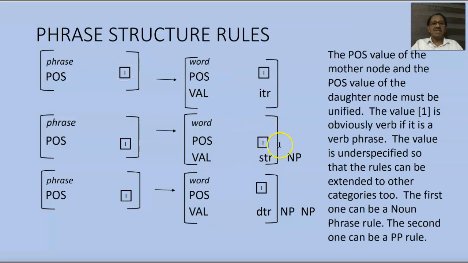If this value is a preposition and this value is shared here at the phrasal level, so this is a prepositional phrase. So the first one can be a noun phrase rule, the second one can be a PP rule. PP can have a preposition and a noun phrase. Noun phrase can have only a noun without a complement. Okay, the rules are very simplified now.